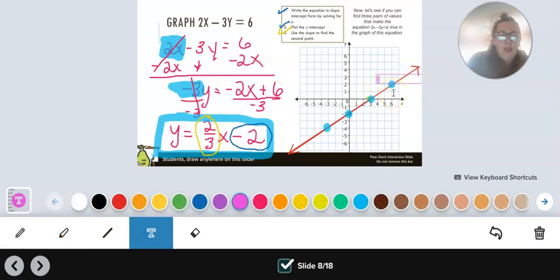So we have 6, 2. There's one of our points. 3, 0 is another. Our y-intercept of 0, negative 2. Here's another one at negative 3, negative 4. And if we plug these values into the equation, we will get a true statement. Okay? So I'll show you.